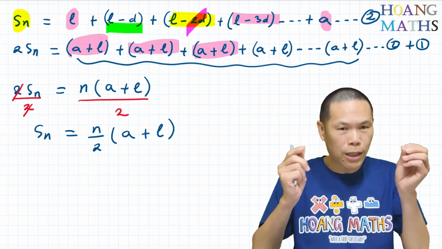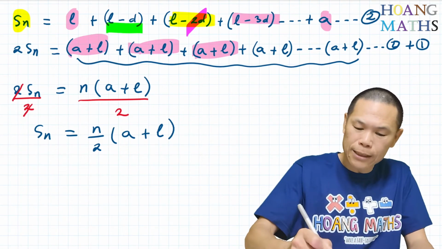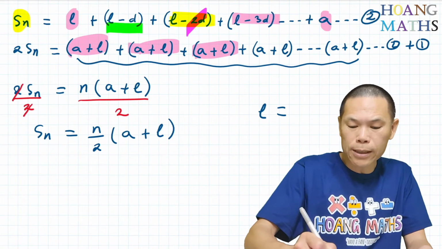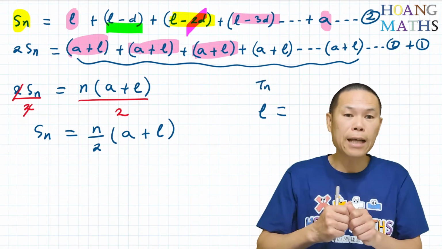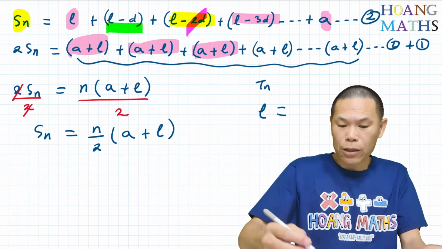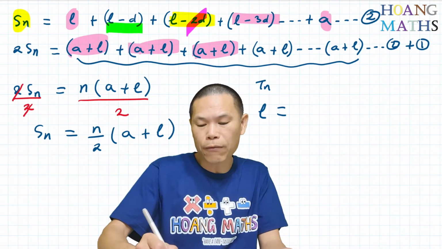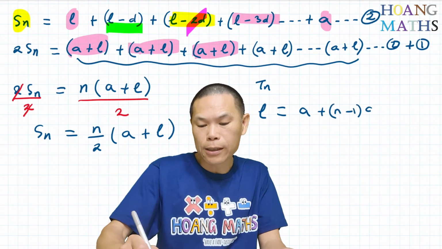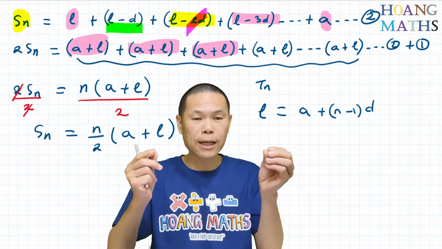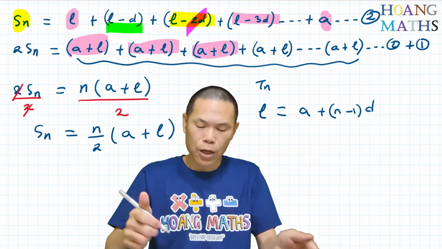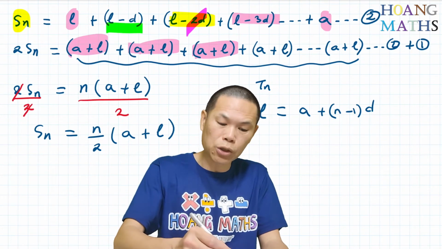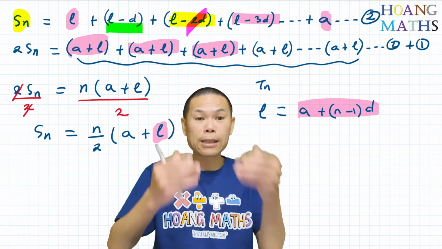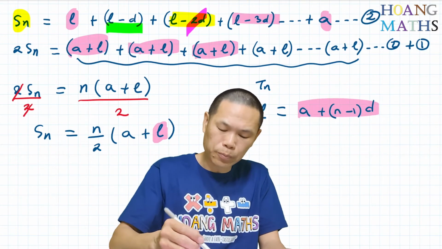But if you think a little bit further, the last term L is equal to T of n, because it is the n-th term, the last term. Remember the formula T of n is A plus n minus 1 D. That is the last term, because the last term is the n-th term. Now we can just substitute this L into this. Let's see what happened.